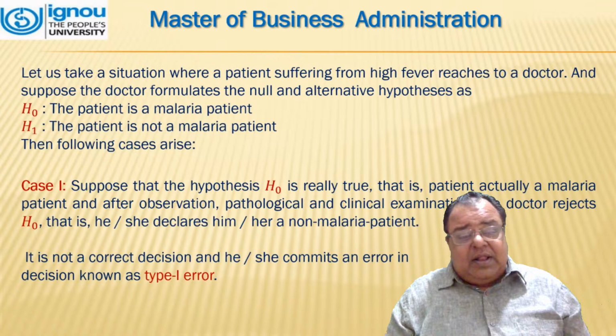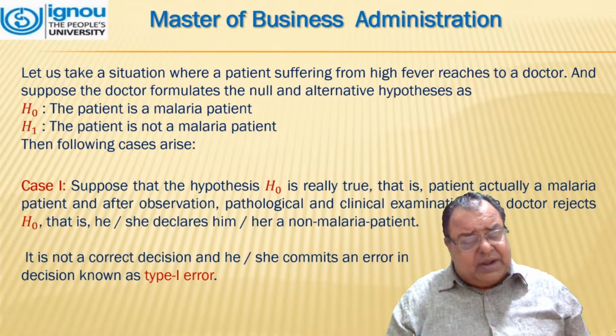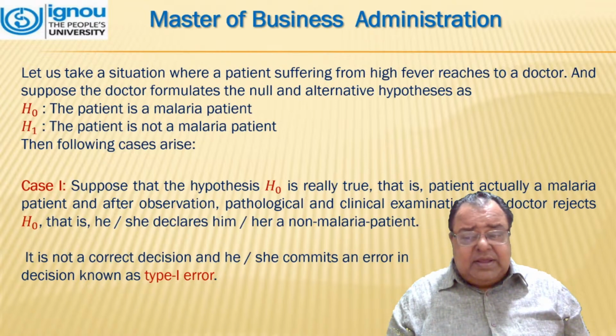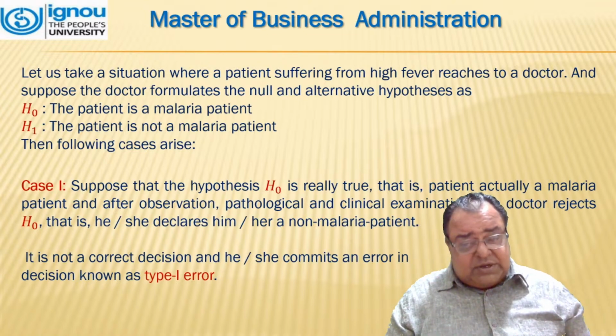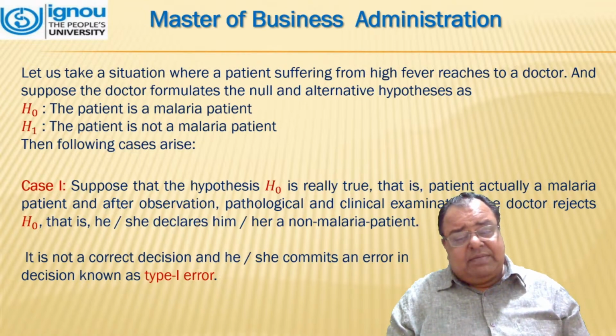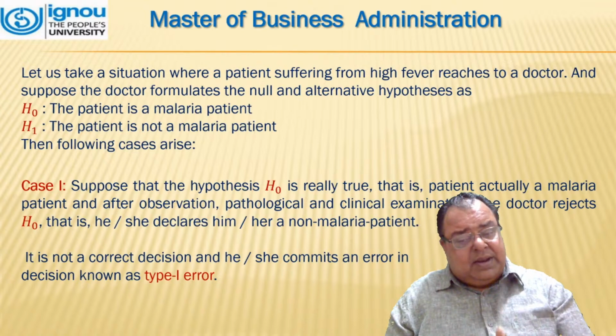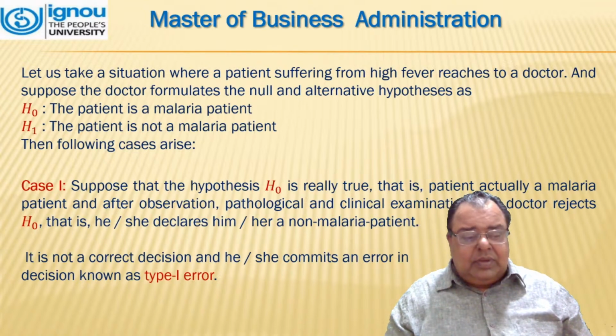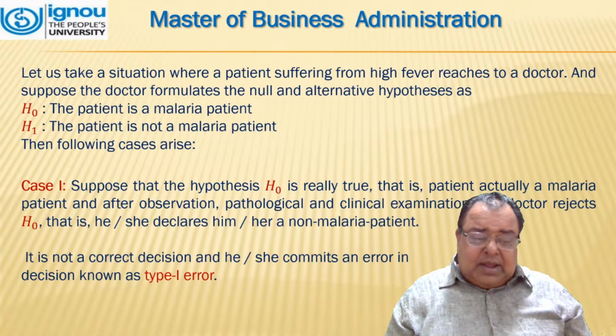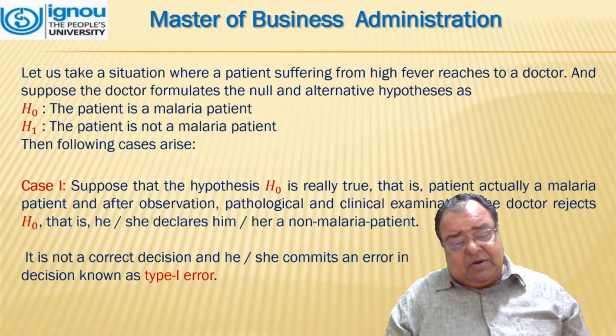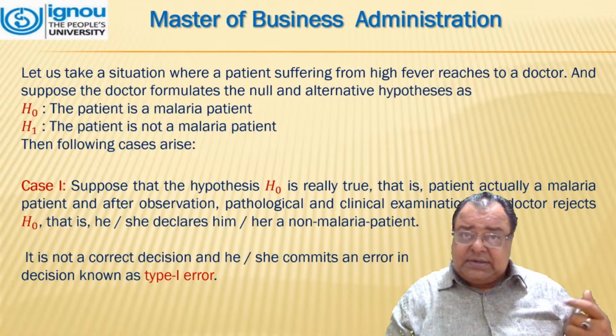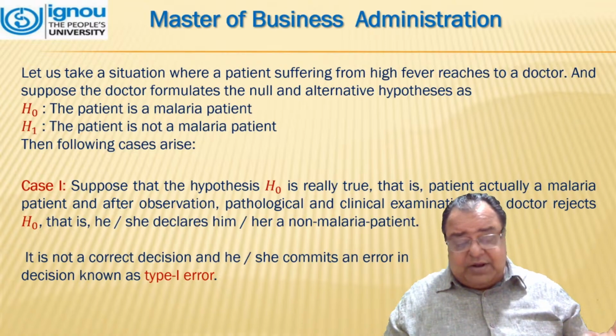Case 1: suppose the hypothesis H0 is really true, that is, the patient is actually a malaria patient, and after pathological and clinical examination, the doctor rejects H0, that is, he or she declares the patient a non-malaria patient. It is not a correct decision, and he or she has committed an error in decision known as type 1 error.